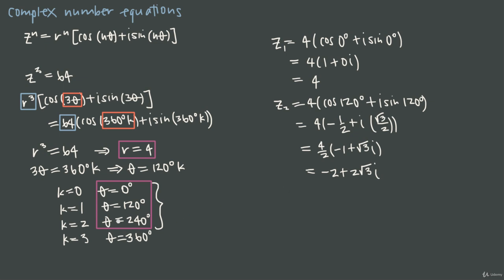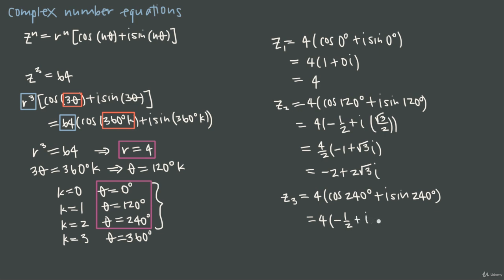And then we just need theta equals 240 degrees. So we'll call this z sub 3. And we'll get 4 times cosine of 240 degrees plus i sine of 240 degrees, which is equal to 4 times, cosine of 240 is negative 1/2.